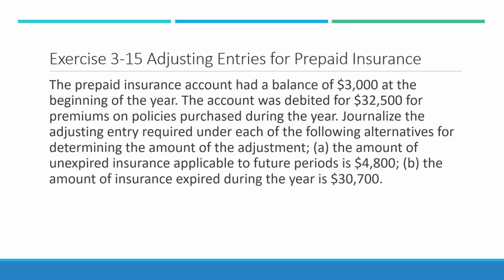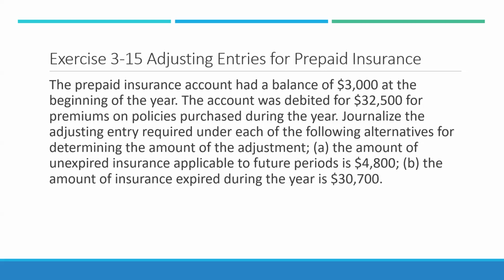The prepaid insurance account had a balance of $3,000 at the beginning of the year. The account was debited for $32,500 for premiums on policies purchased during the year. Journalize the adjusting entry required under each of the following alternatives for determining the amount of the adjustment.